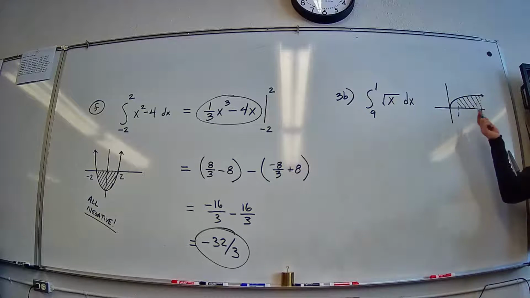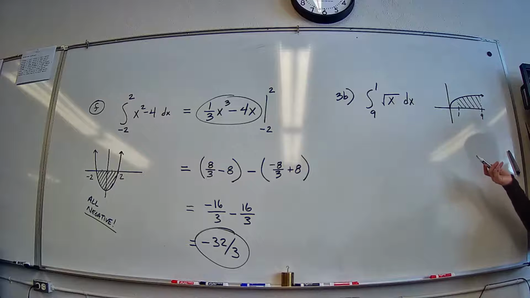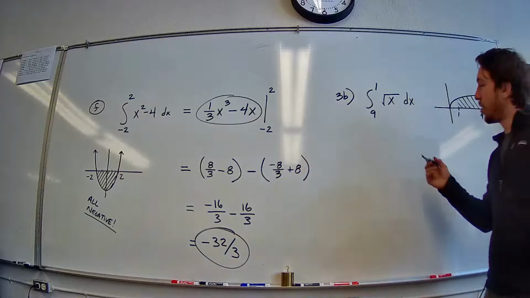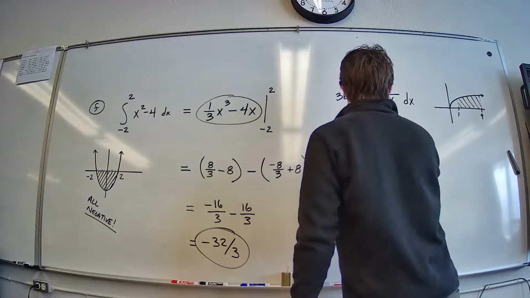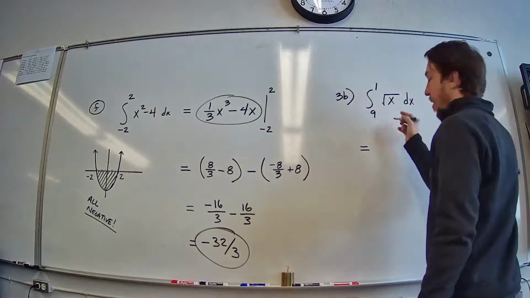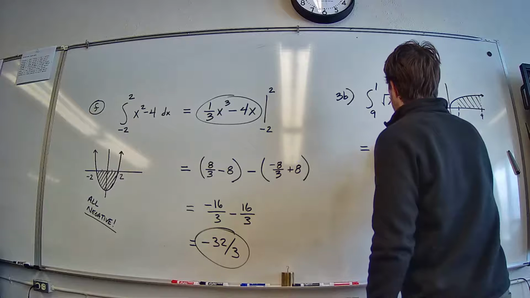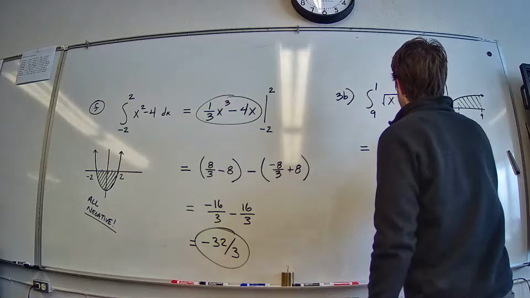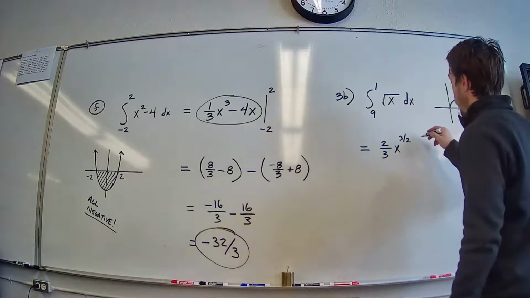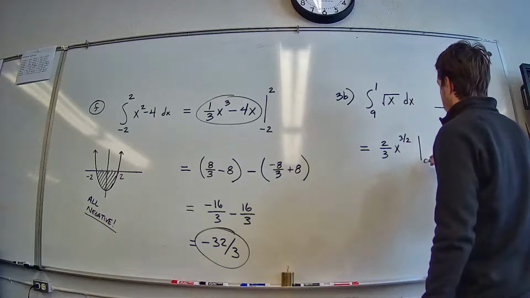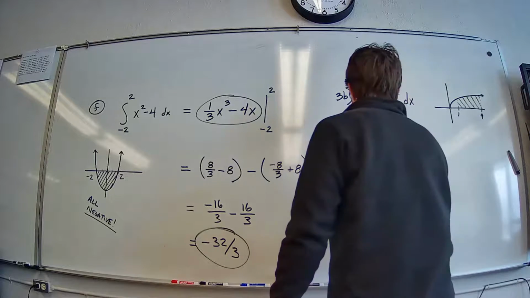If we took the area from 1 to 9, it would give us a positive number. So what's going to happen when we just reverse those bounds? Let's see. The integral of the square root of x is 2/3 times x to the 3/2, and we evaluate from 9 to 1.